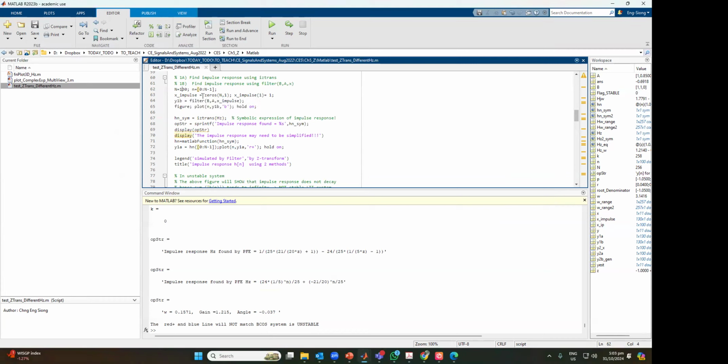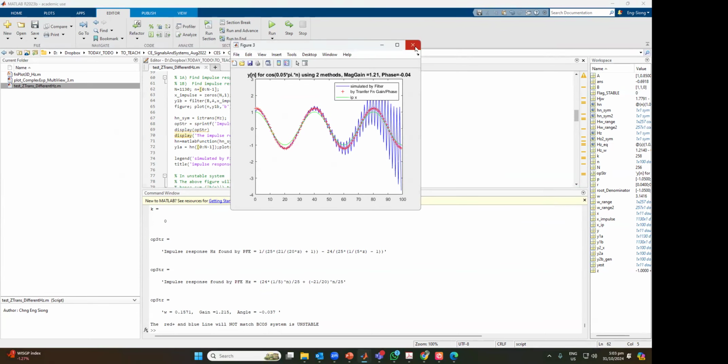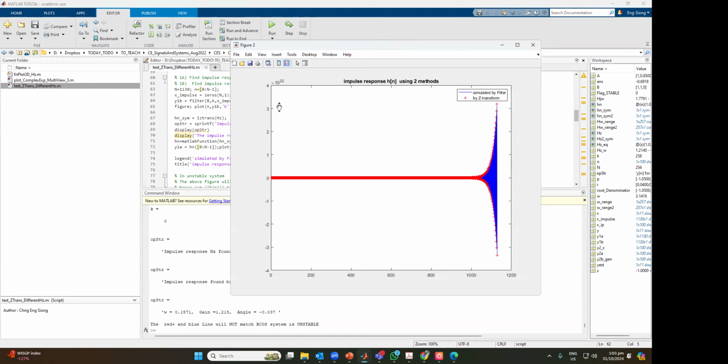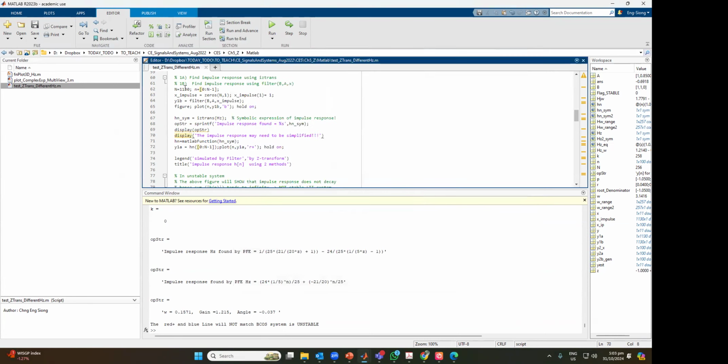And I'm changing the length of my impulse. Now I give you 1,100 samples. Wow. After 1,000 samples, it's going to 10 to the power of 22. So, things like that.